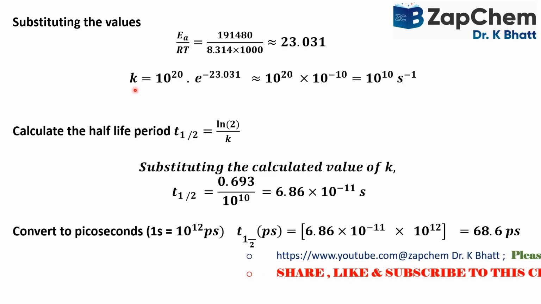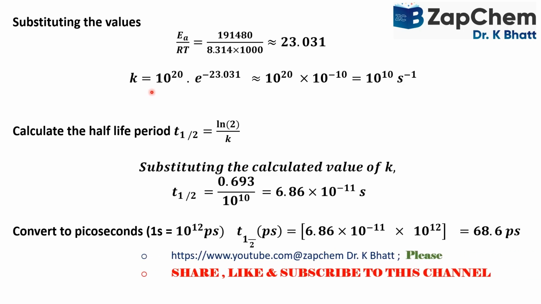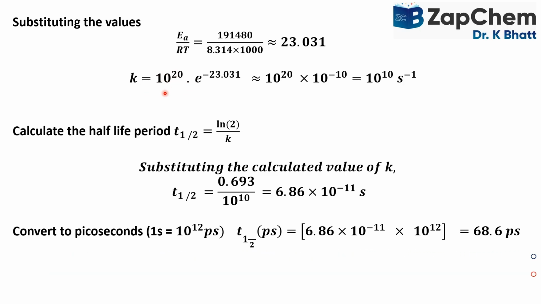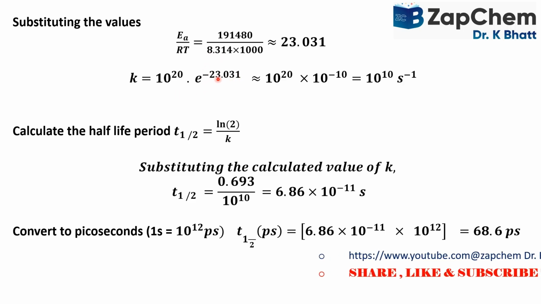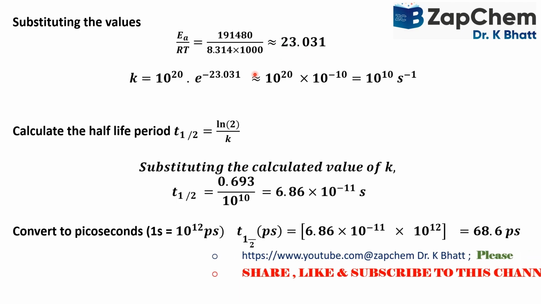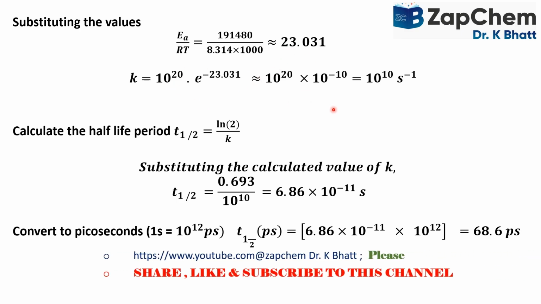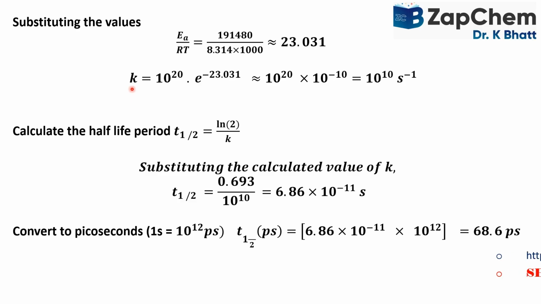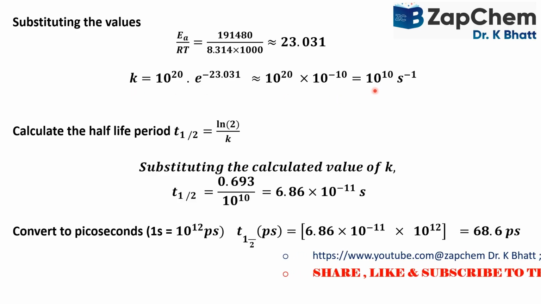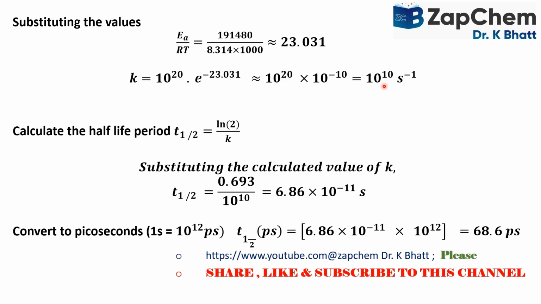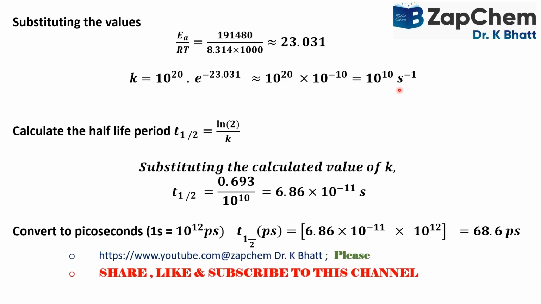And then we again put K = A e^(-Ea/RT), A is given 10 to the power 20. We substitute the values and we get the rate constant K, first order rate constant, of course, equal to 10 to the power 10 second inverse.